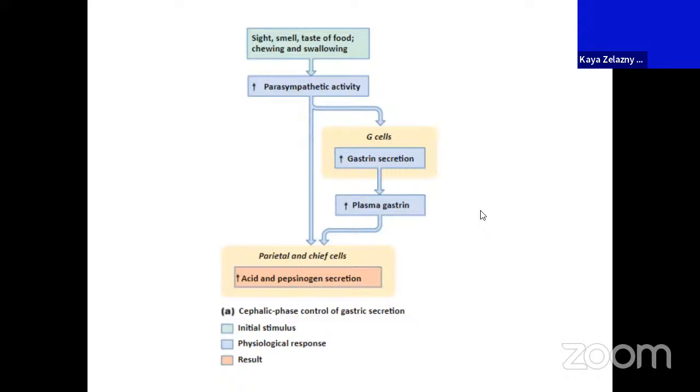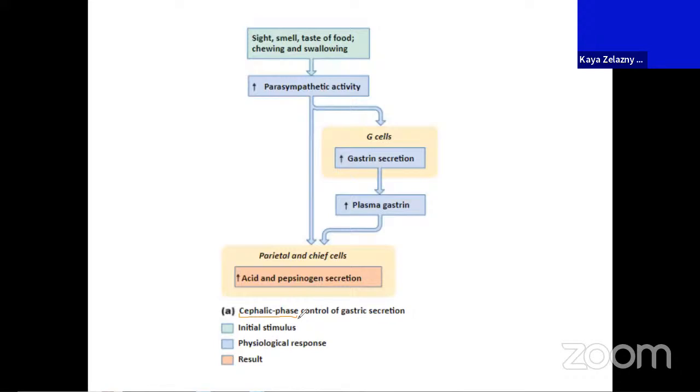Okay, so here's what that pathway would look like. Remember, green is telling us what our stimuli are. This purple blue is telling us about the response in our body. The red orange is telling us about the result. So this is showing us what's happening with the cephalic phase, specifically control of the secretions from your stomach.